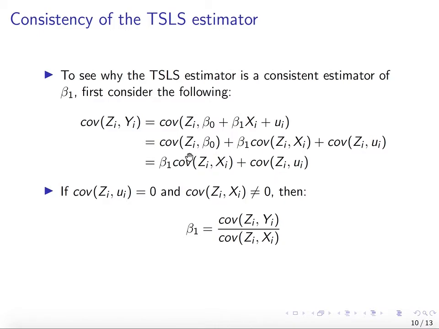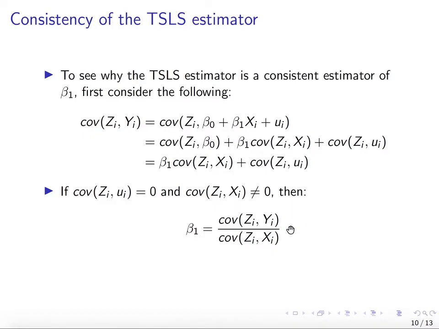So I want this covariance to actually be different from 0. If that's the case, then my beta 1 is going to be expressed as, coming from the fact that this is 0 and you can take this to the other side, beta 1 is the covariance of zi with yi over the covariance of zi with xi.